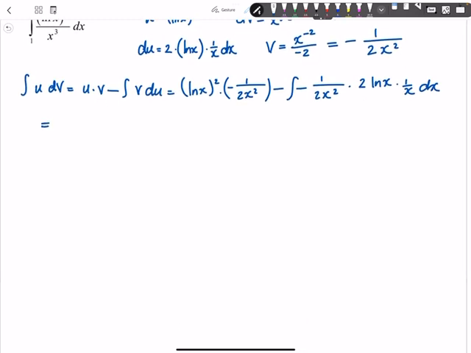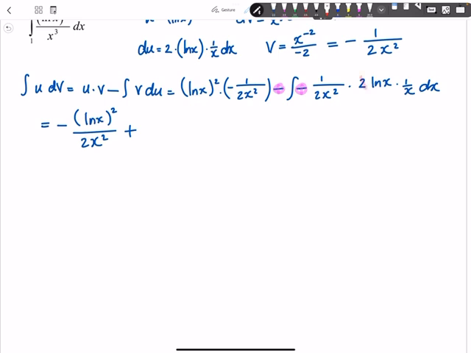So I can write it, if I make a simplification here, as negative (natural log of x) squared divided by 2x squared. And I'm just going to kind of gesture here. The minus and the minus here is going to turn into a plus. And I'm also going to either cancel or factor out.